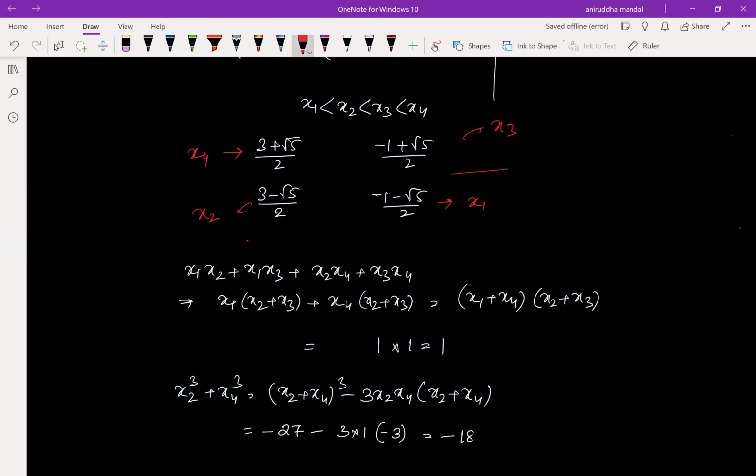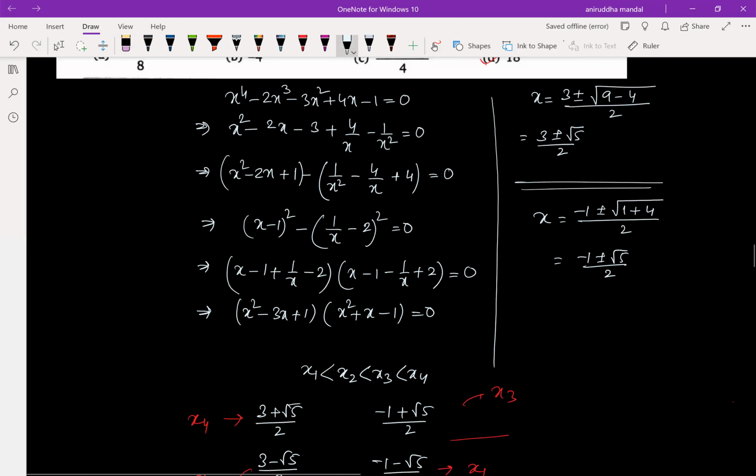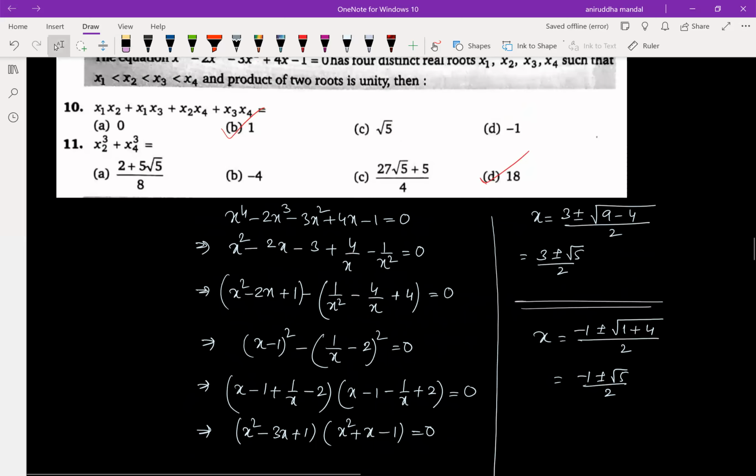Just a minute. x2 plus x4 will get cancelled. So 3 cube is 27. Okay, so this is plus, and this is again plus. Yes, there it is plus. So this is 20 plus 18. Yes. So option D is correct.